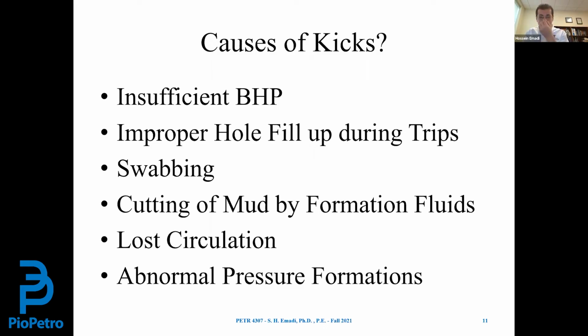When we trip out, basically we're removing the drill string out of the wellbore, and the level of the drilling mud drops because we are removing the volume of the drill string, and we have to replace the volume of the drill string by drilling mud in order to maintain the bottom pressure, or static pressure in this case. If we fail to do that, then bottom pressure drops and it may go below the formation pressure and a kick happens.